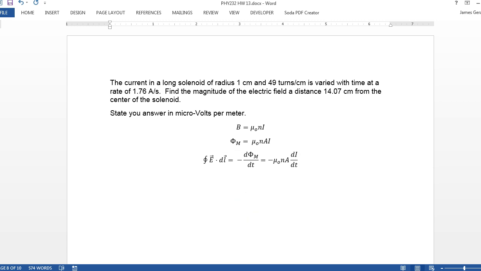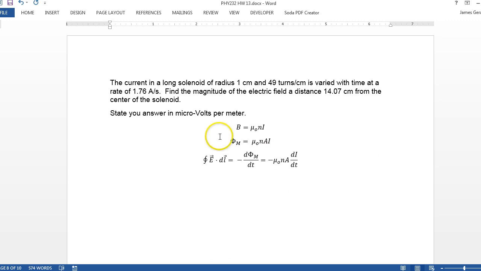Now, if you remember from the work we did with Gauss's law and Ampere's law and other things in the other chapters, the integral of E dot dl out here around the solenoid is going to be, the electric field is going to be constant out there, right? There is no radial component.